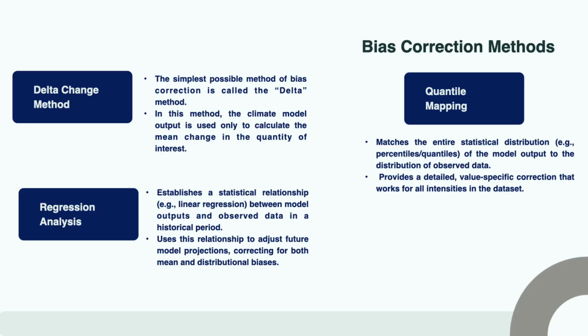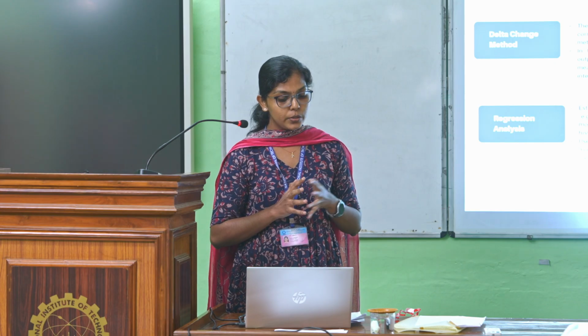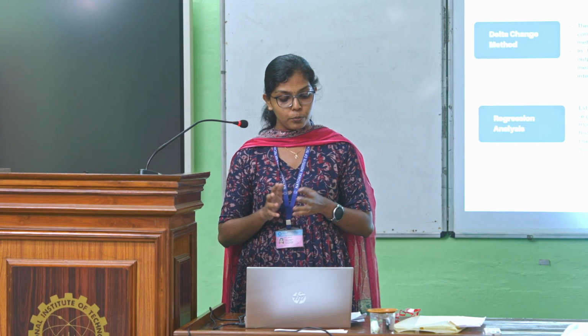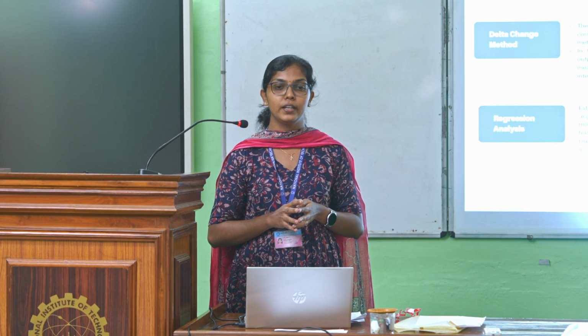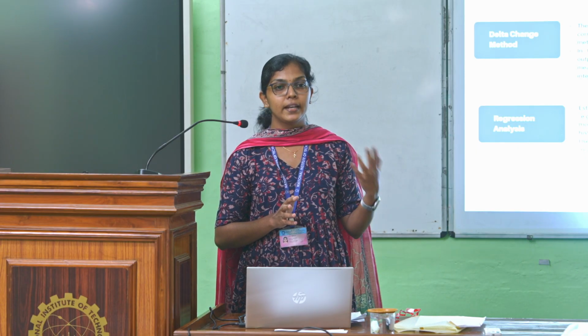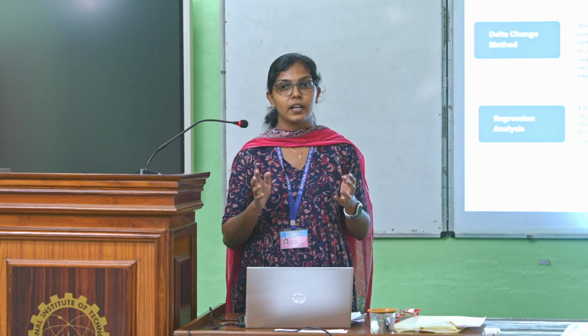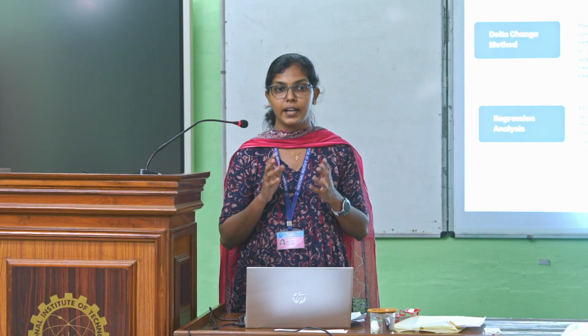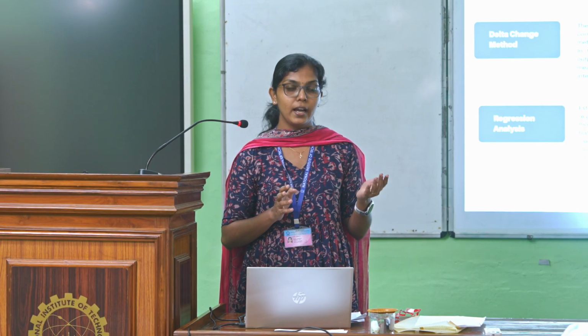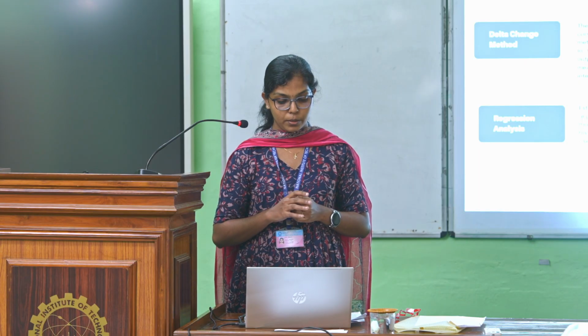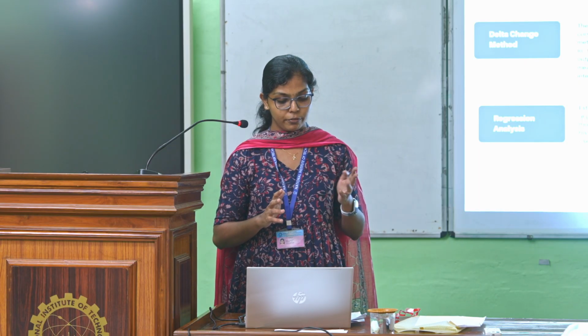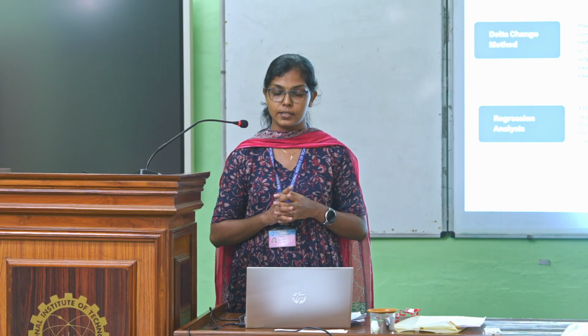So the delta change method is the simplest method. Among these three methods, delta change is the very simplest. In this method, the climate model output is used only to calculate the mean change in the quantity of interest. And in regression analysis, we develop a statistical relation between observed data and model data and use this relation to adjust future model projections, correcting for both mean and distributional bias.